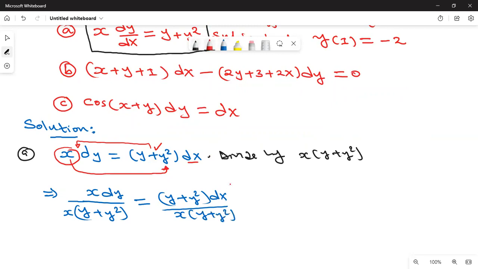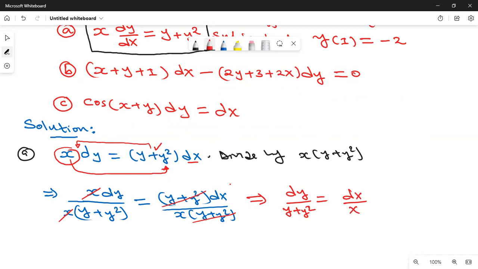So that we can now simplify, all of this will cancel with this. So this simply means that we have dy over (y plus y squared) is equal to dx over x.